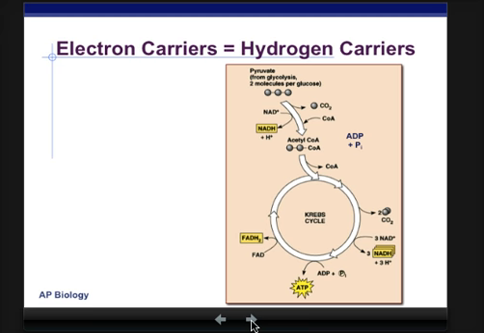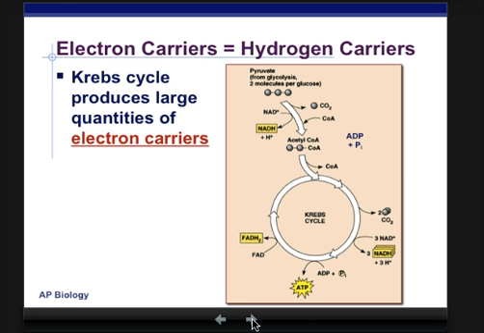All right, so let's talk about the electron carriers. They're also really hydrogen carriers. The Krebs cycle is making large amounts of electron carriers, because then the electron carriers are going to the electron transport chain where a lot of ATP is going to be produced. So we're getting NADH and FADH2.